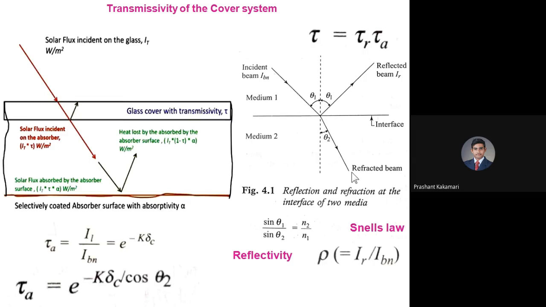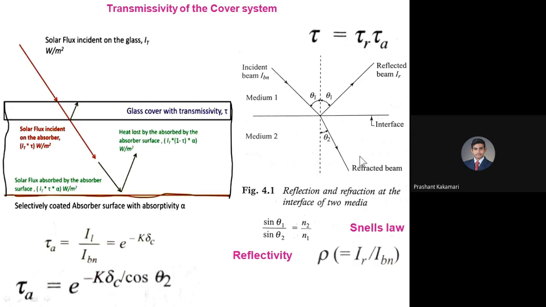With respect to light, we study only the incident ray, reflected and refracted beam. But for radiation, if you see it as the energy part, then we have the absorption. So here the refracted beam and reflected beam are denoted by tau r and tau alpha, tau r1 and tau r2, like that.